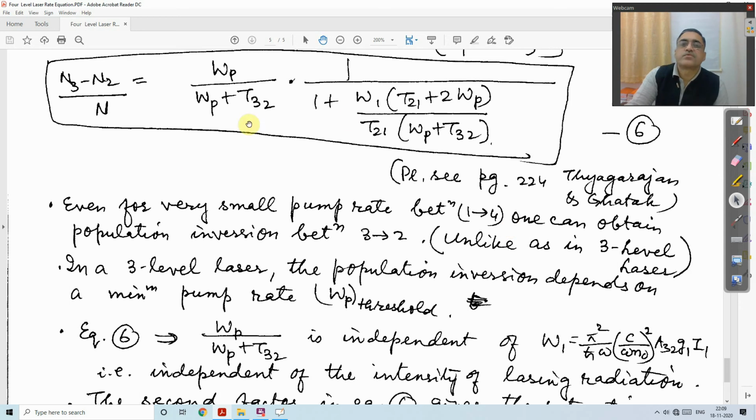Even if this term becomes 0, we can obtain the population inversion. Here you see, in a three level laser, the population inversion depends on the minimum pumping rate, WP threshold.